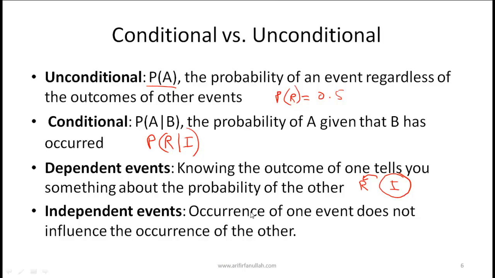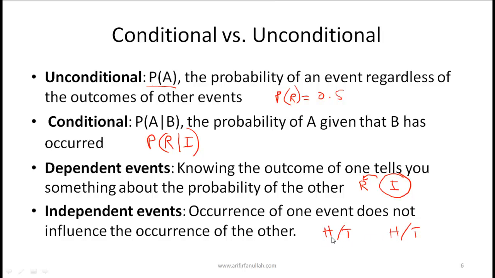Independent events are where the occurrence of one event does not influence the occurrence of the other. So if you flip a coin, you might get heads or tails. Then you flip a coin a second time, and you again might get heads or tails.